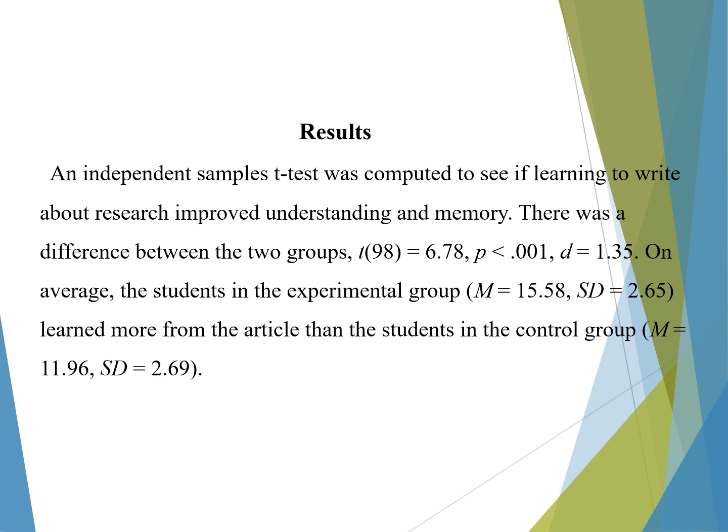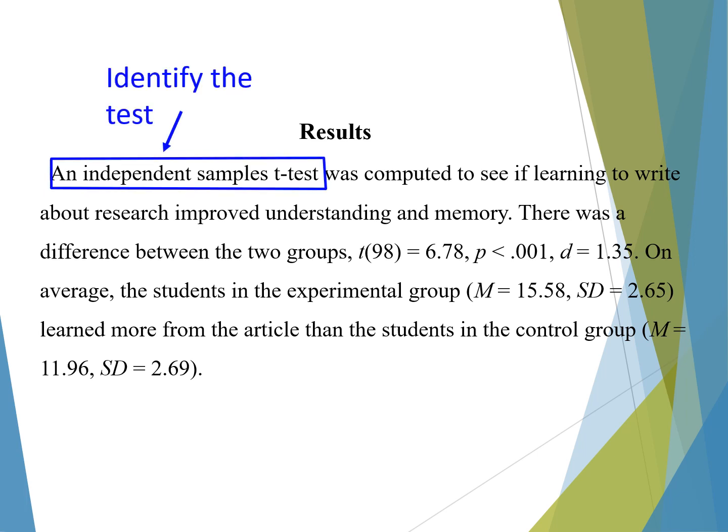Okay, so again, we start with our results section, and we're going to start by identifying the test. An independent samples t-test was computed to see if learning to write about research improved understanding and memory. Okay, so we're going to include our t-test results. We've got a t with 98 degrees of freedom equals 6.78, and we've got our p-value there.